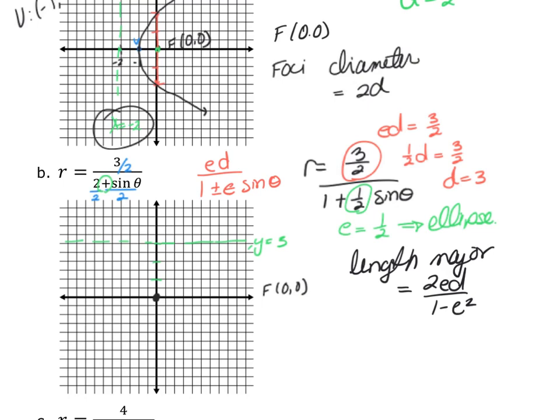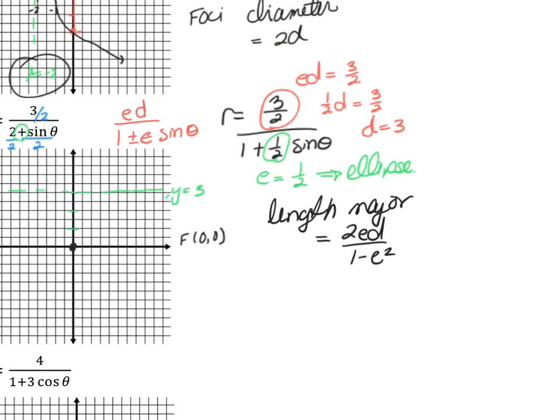So what I'm going to do is put in the numbers that I know. This is going to be equal to 2, E is 1/2, D is 3, over 1 minus E squared, which is 1/2 squared. So this is equal to 3 over 1 minus 1/4.